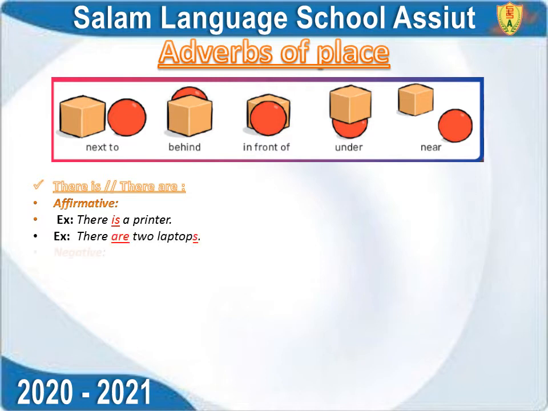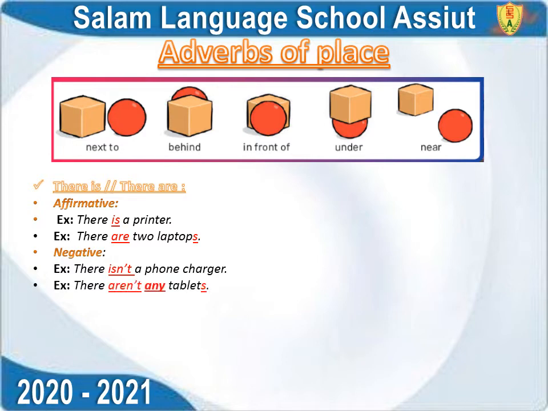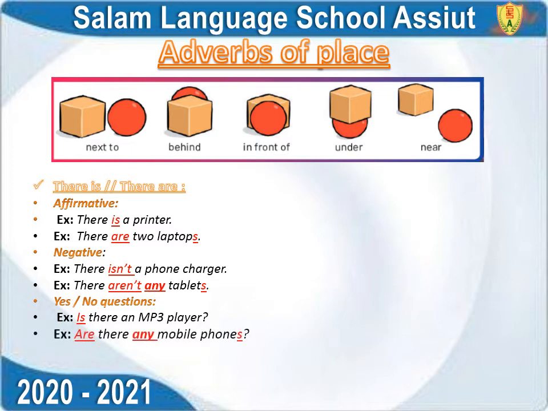There is and there are. In the affirmative form, for example, there is a printer. There are 2 laptops. In the negative form, for example, there isn't a phone charger. There aren't any tablets. Yes or no question.